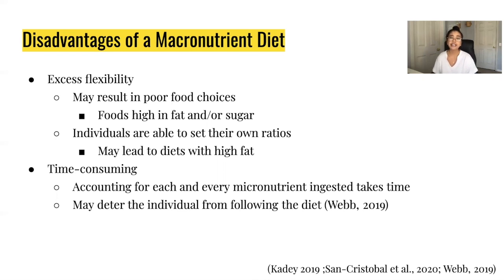So counting macros requires an individual to record all three macronutrients and maintain their percentages within defined limits. And this additional step of calculating each macronutrient takes time and may accumulate over the day, deterring an individual from following the diet. So since the macronutrient diet has both positive as well as negative components, it's vital to assess if it's the right fit for each individual person.